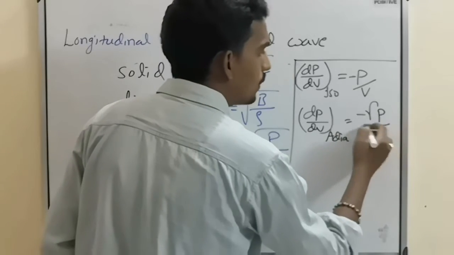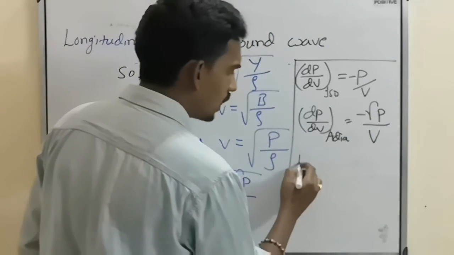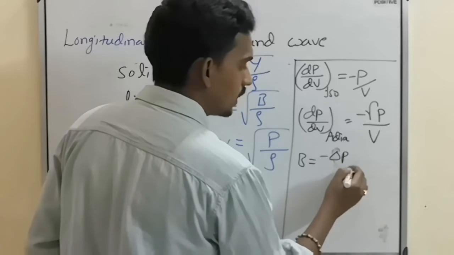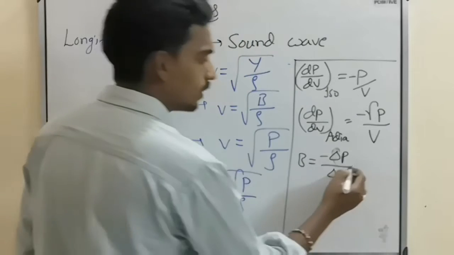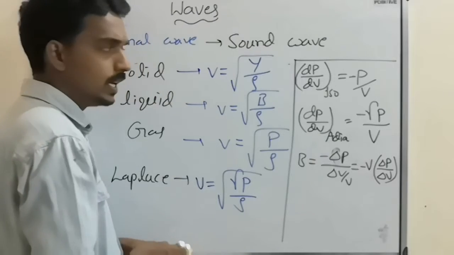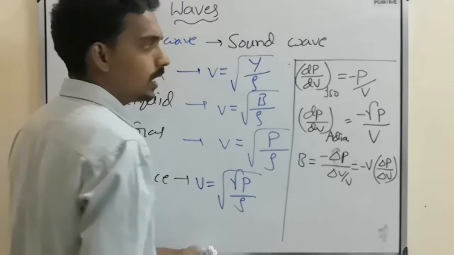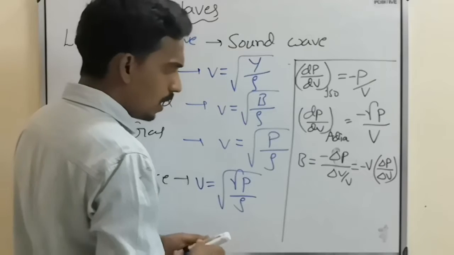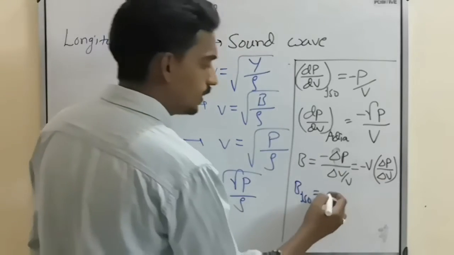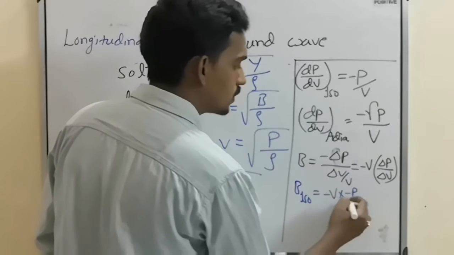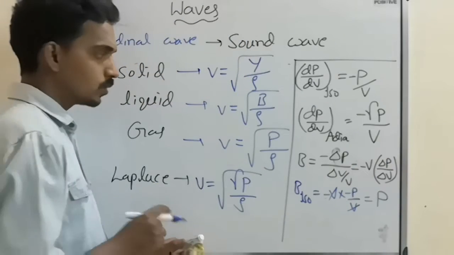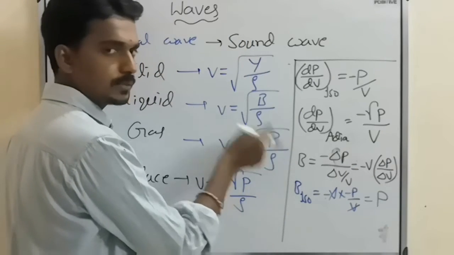We got it as minus gamma P by V. Bulk modulus, if you define, is minus P or delta P by delta V by V, nothing but minus V into delta P by delta V. This delta P by delta V is nothing but dP by dV. So bulk modulus in case of the isothermal process becomes minus V into minus P by V, V cancels, minus into minus plus, so P. So that's why B was substituted as P.